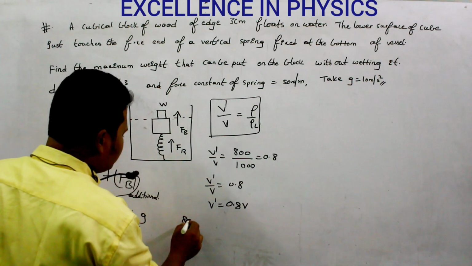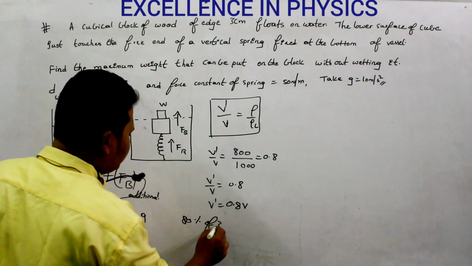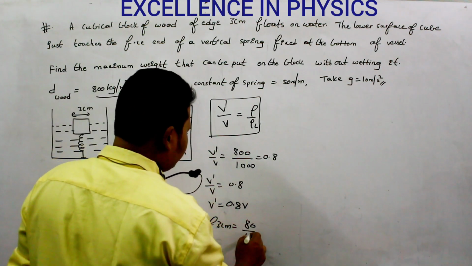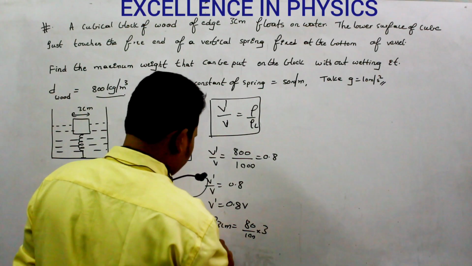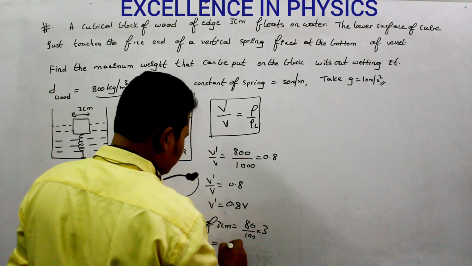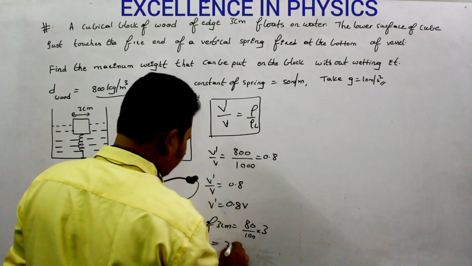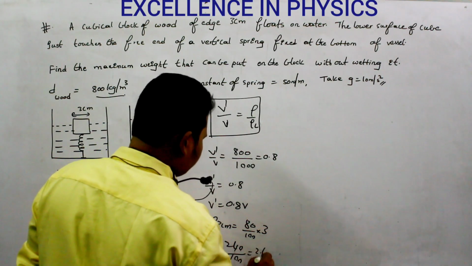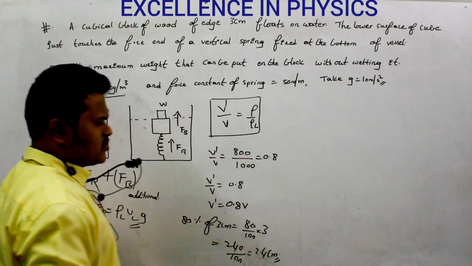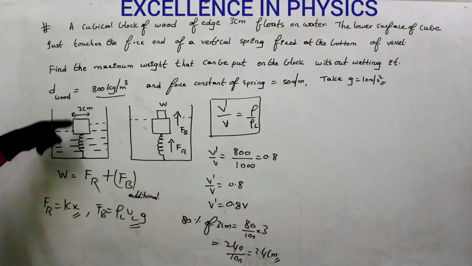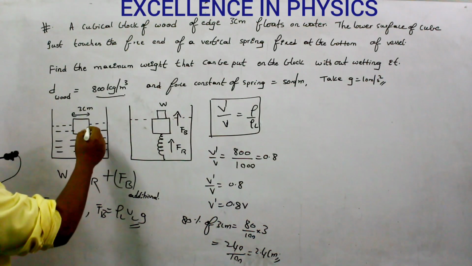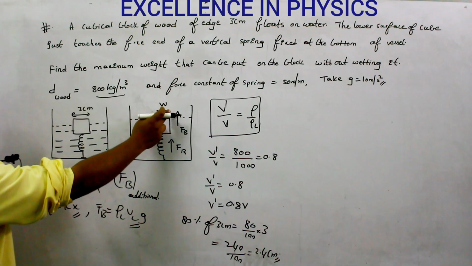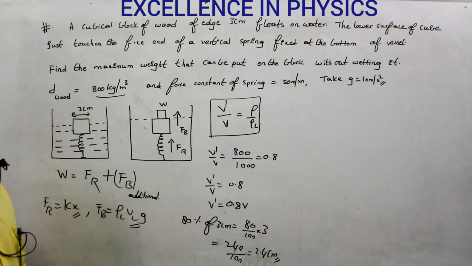So 80% of 3 centimeter is 80 by 100 into 3, which is 8 3s are 24, 240 divided by 100, so 2.4 centimeter. So 2.4 centimeters is inside water and only 0.6 centimeter is outside water when we have not placed this weight on this block.